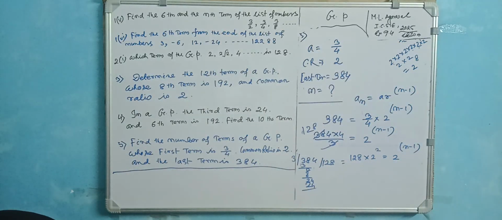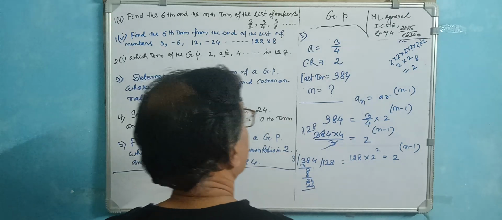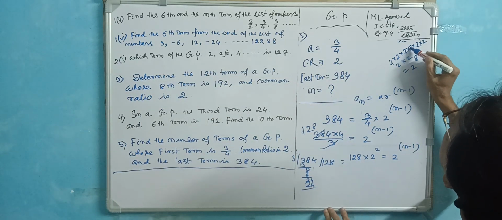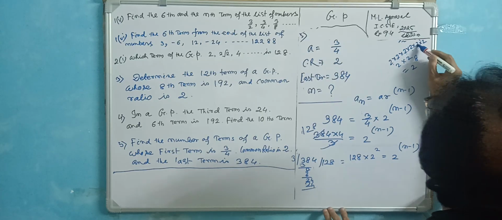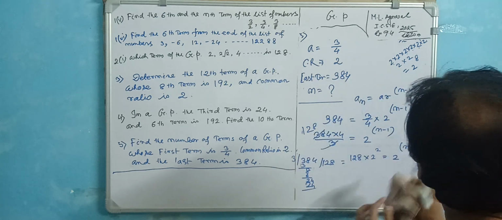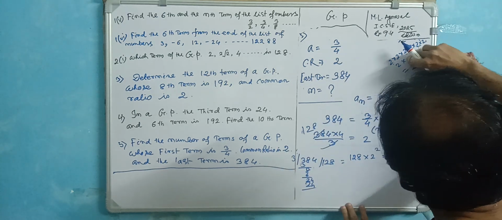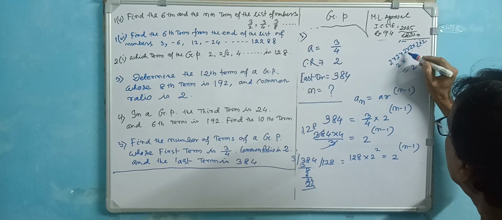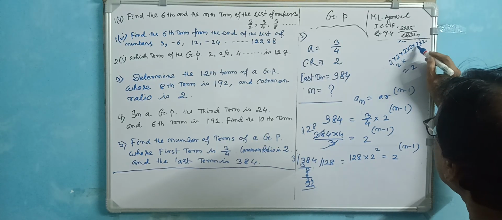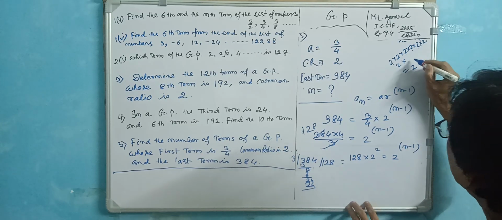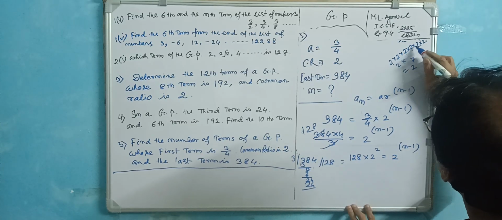Oh, this is extra. It is 2 to the power 7 actually. 64 into 2 is 128. 2 to the power 7.